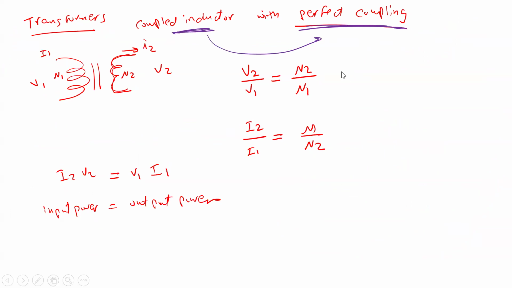There's a small difference between transformers and coupled inductors. They are two different devices: one is the coupled inductor, the other is the transformer. For a transformer, you have to make sure it's perfect coupling.